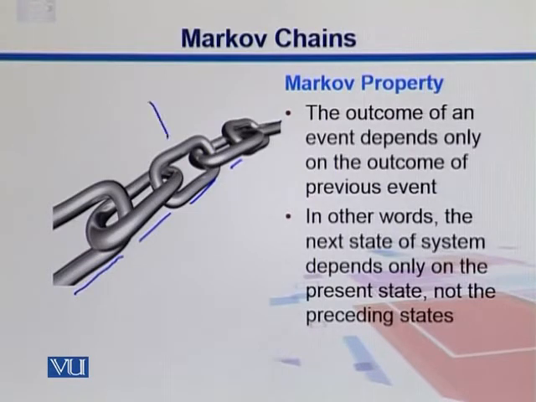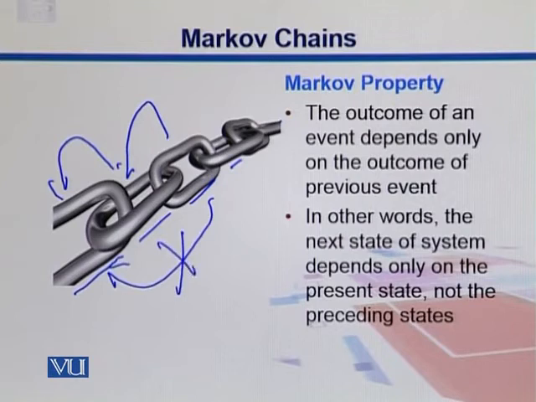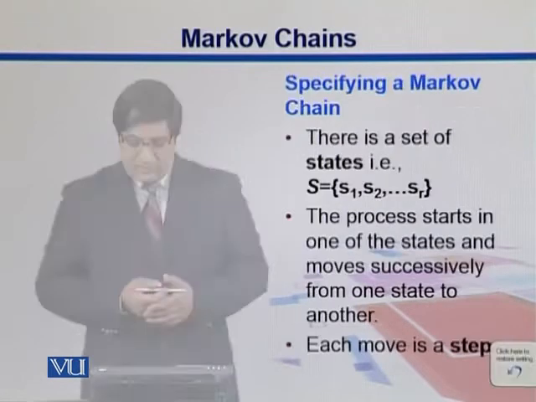This one depends on this one, and this one depends on this. It has nothing to do with this, right? So in situations where we have states which are chained together, the present state depends upon the previous, and the next state depends upon the present. This kind of chaining process, we say, has the Markov property.